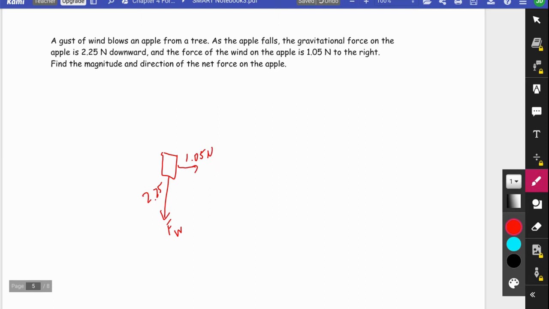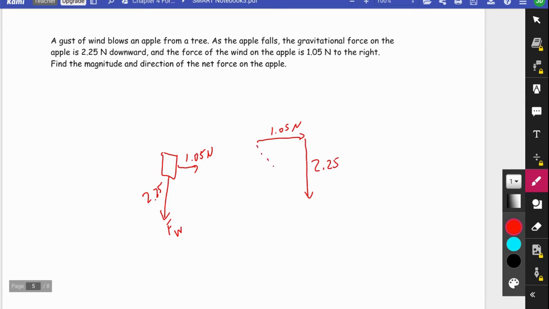Well, this is our first problem where the x's and y's aren't canceling each other out. We have a y direction and an x direction, but they don't resolve each other. So what we're going to do is turn this into a right triangle, which is totally fine. 1.05 newtons to the right and 2.25 down.